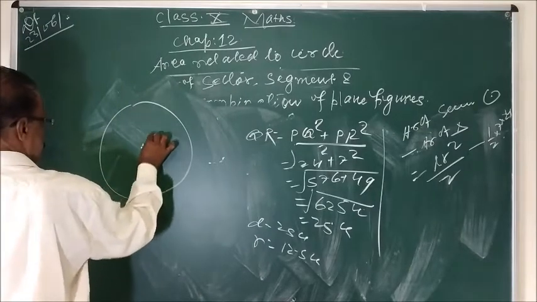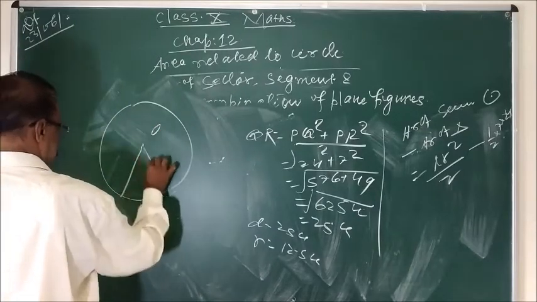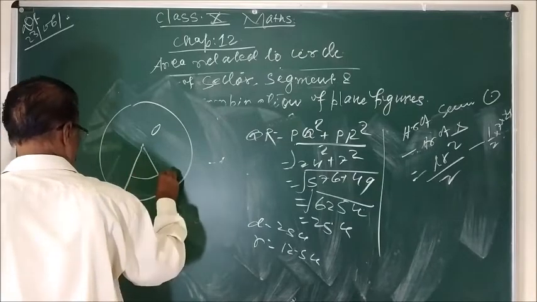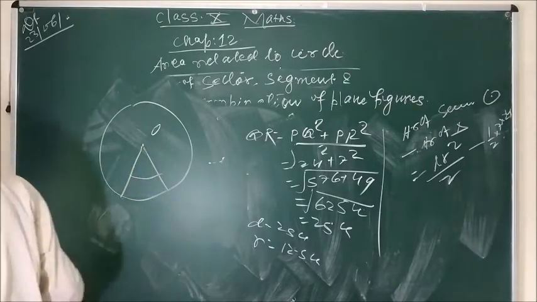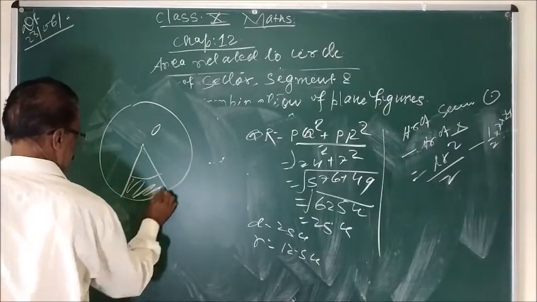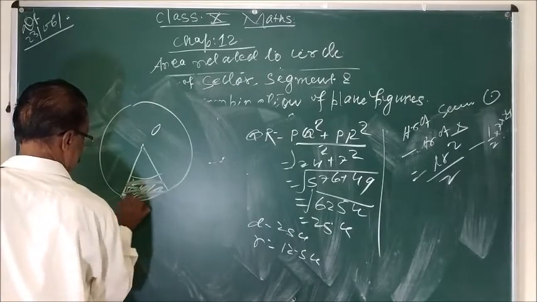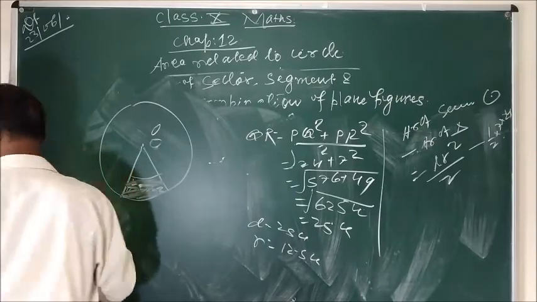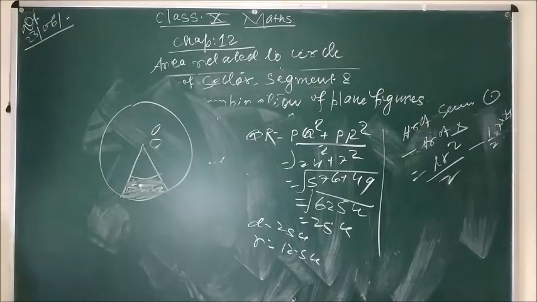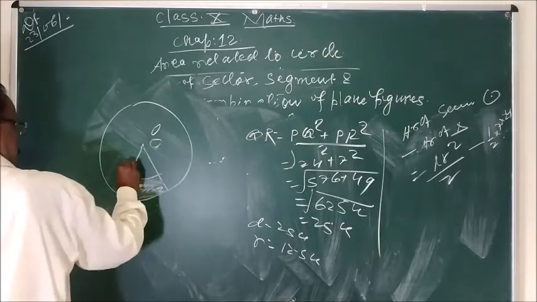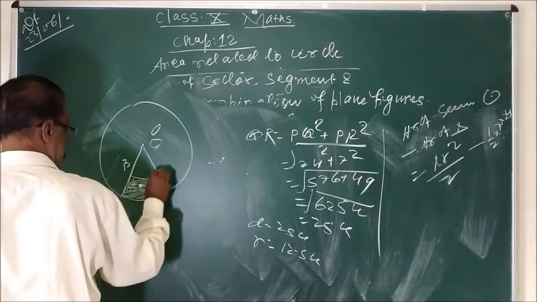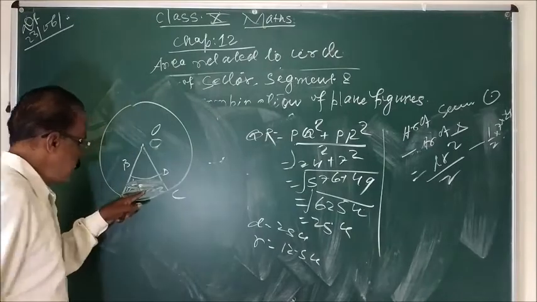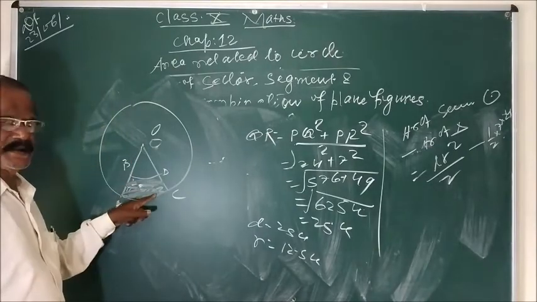Suppose this is the center, and you have to find the area of this shaded portion. Suppose this is BADC. Now how will you find it? This is the sector.